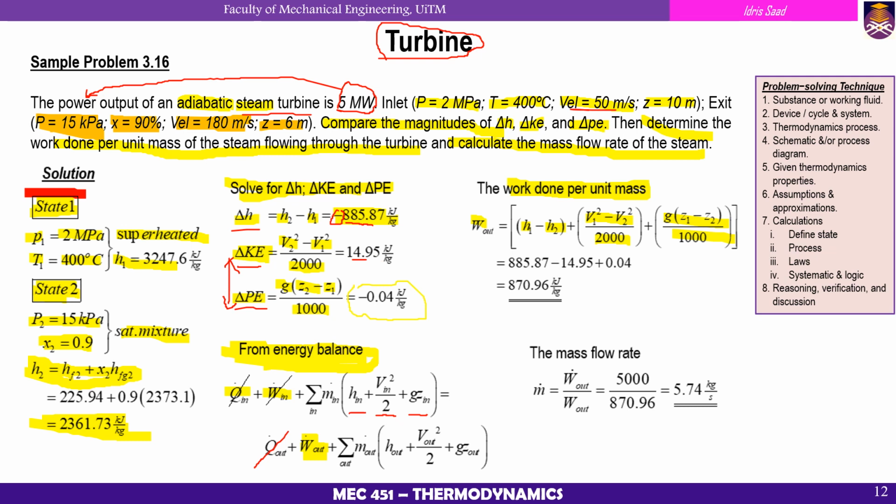If you can see in this figure, in this solution, first check here, this is H1 minus H2, but our equation is H2 minus H1, so H1 minus H2, the value should be positive 885.87. Next, V1 minus V2. Our equation is V2 minus V1.